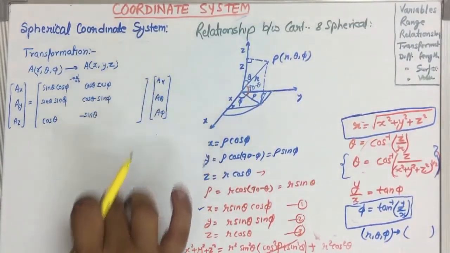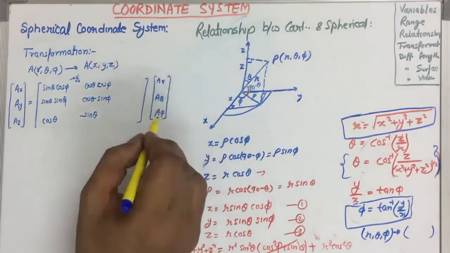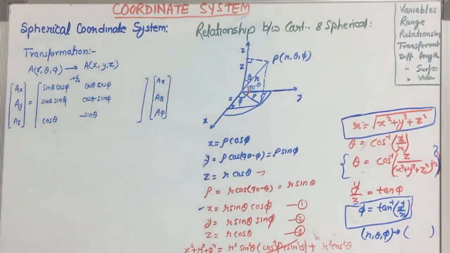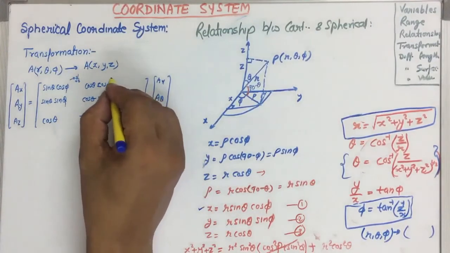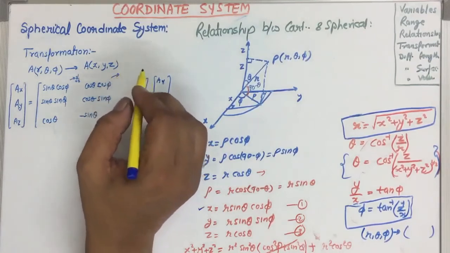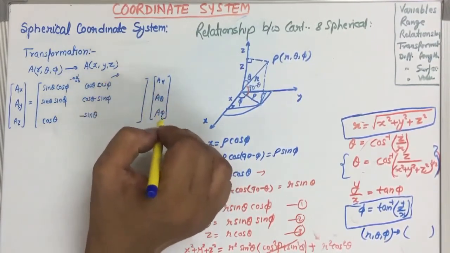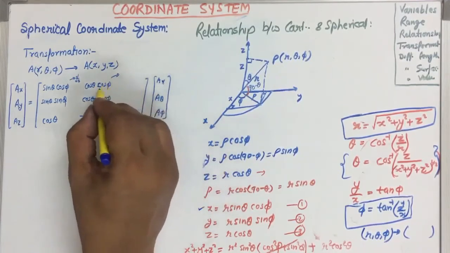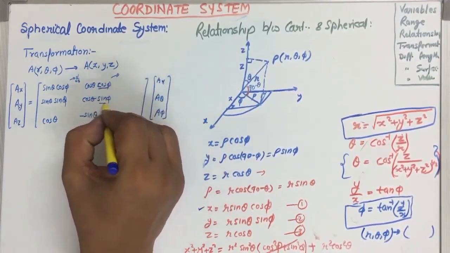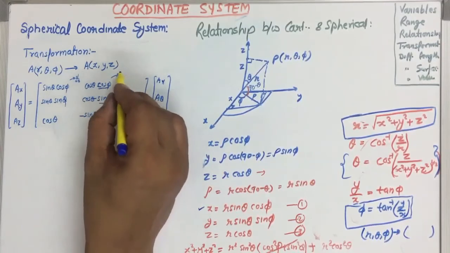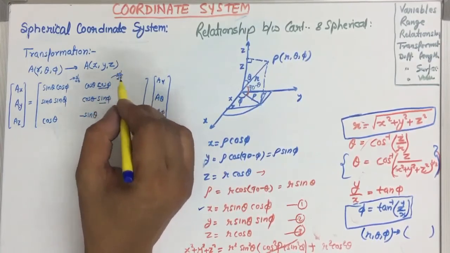And the third column can be written as just the differentiation of the term having phi in the second column. So this is having phi, so we will differentiate with respect to phi.